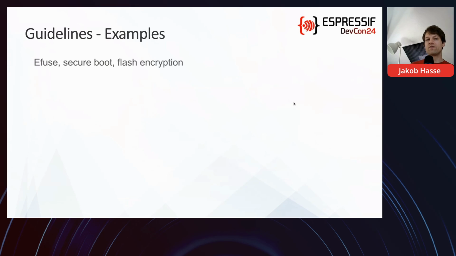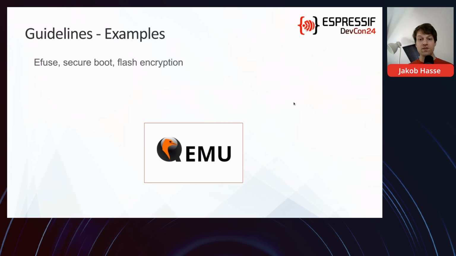Our second example would be we have an application that uses eFuse, secure boot, and flash encryption and the related cryptographic peripherals. In this case, QEMU can be very advantageous because QEMU does implement eFuse and other cryptographic security peripherals. So you can go and actually develop your application on QEMU. In particular, the code that sets eFuses, because whenever you run secure boot and flash encryption, you have to set eFuses on the chips. But eFuses are only settable once.